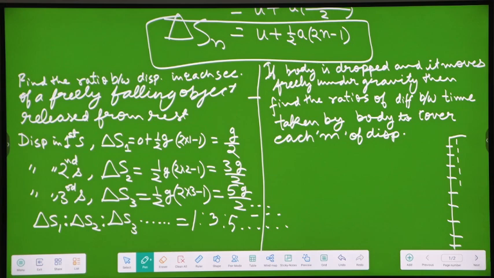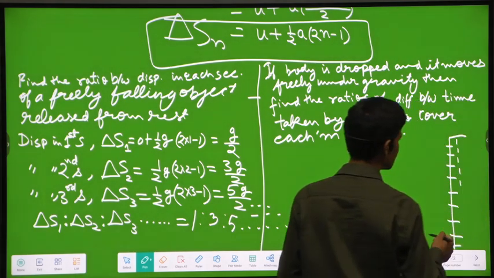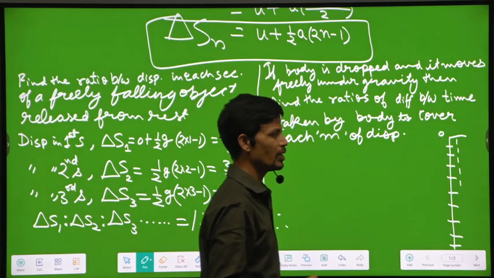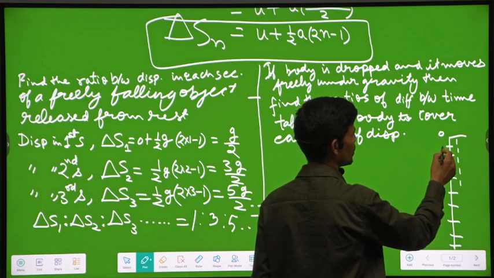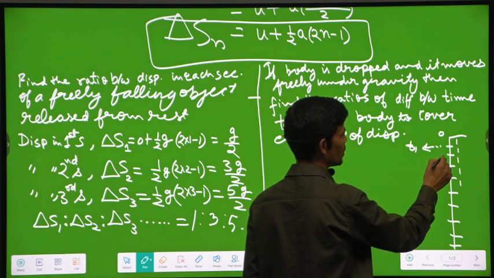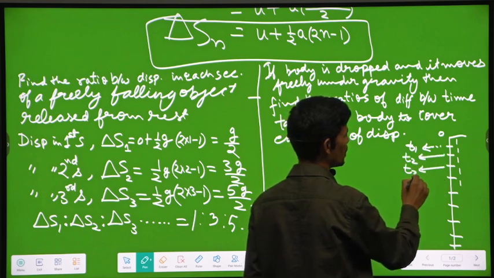Then if a body is dropped at 0 time, here maybe it will take t1 time, here t2 time, here t3 time.